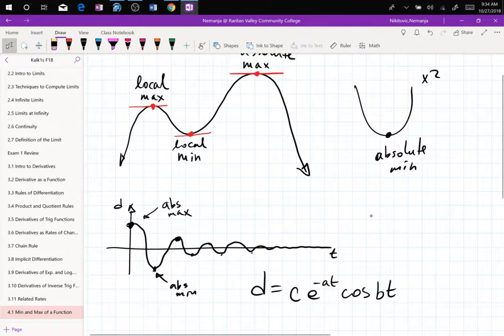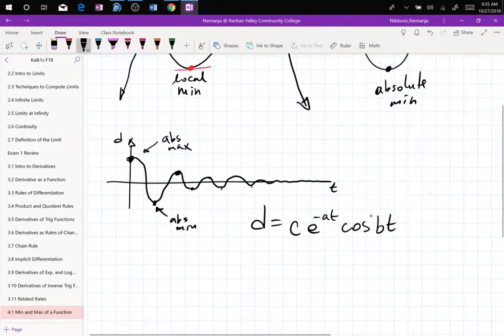You just have to make sure that you know that local min happens when you have any type of a smaller value. In this case here, for x squared, this is absolute min because there are no lower values than that vertex ever.